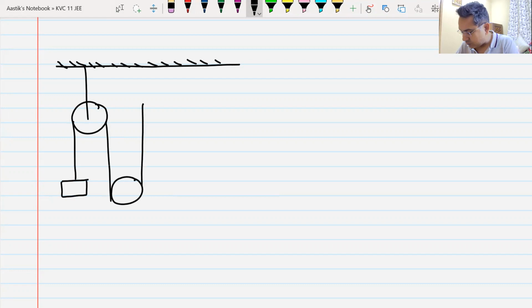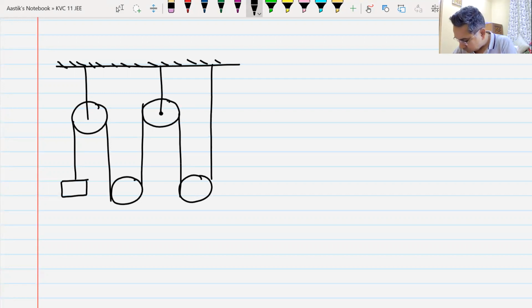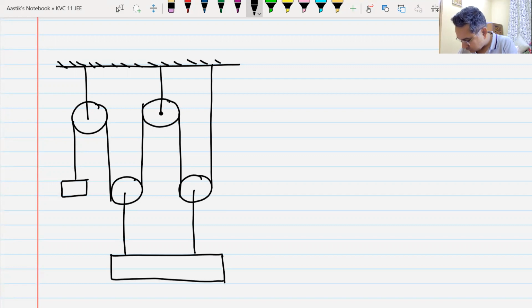Don't get scared looking at the number of pulleys that I am making. I could make 1500 pulleys, but the concept remains the same. M1 and M2.